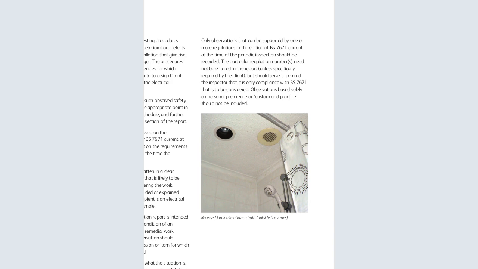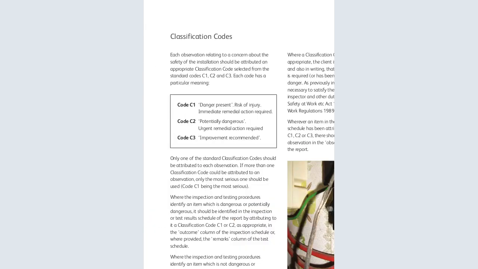Now, for example, this is an installation above the bath zone, that is outside the zones. You can see the zones there, the hazardous zones or dangerous areas in an installation. We said that a bath area, like a bathroom, is a dangerous area because electrical leakage and electrical shock are potential dangers attached to it.